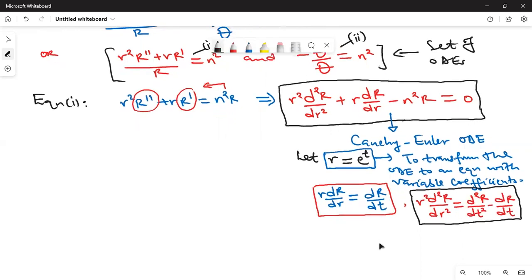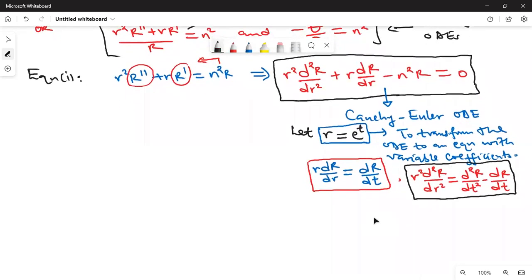So having known how to transform the derivatives, let's now see how this equation will look. This one that I have ticked, that ODE. So therefore, our ODE will now be written as d squared r dt squared minus dr dt.